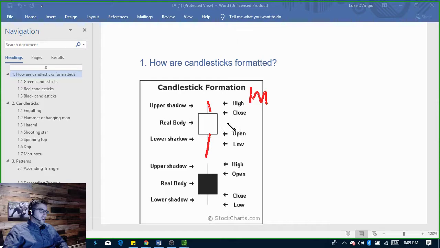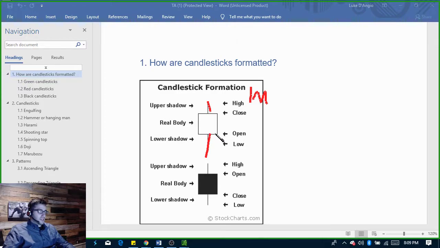The wick just represents the highest buying price and the lowest selling price within that minute. The body represents where it opened. I guess this would be a green candlestick, or a hollow candlestick. Usually on the platforms we use, we see them as green or red, but this could be a green one, or a hollow one, or even a blue one. It doesn't matter.